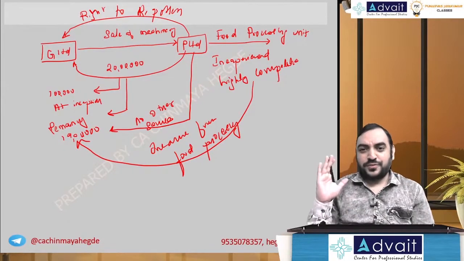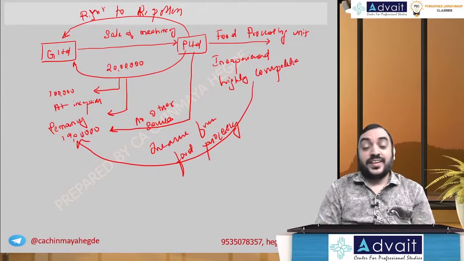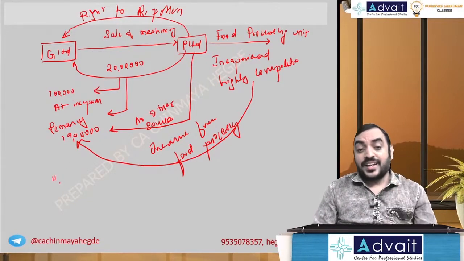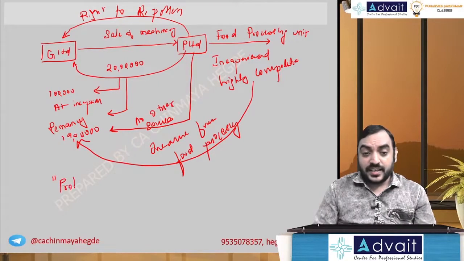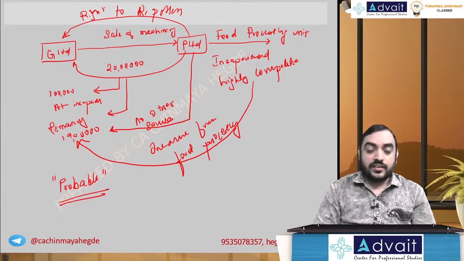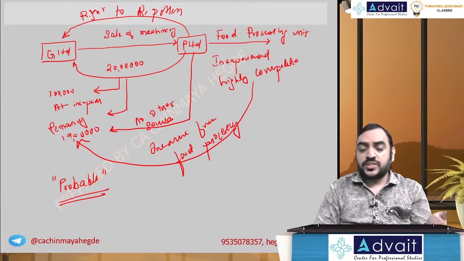For the purpose of GST, it's a revenue, no doubt about it. But we are coming to Ind AS, substance over form. There are many conditions to be satisfied. One of the main conditions is that revenue can be recognized provided the receipt is probable. Looking at the situation here, you have received only 1 lakh, which is only 5% of the proceeds. 95% is outstanding.